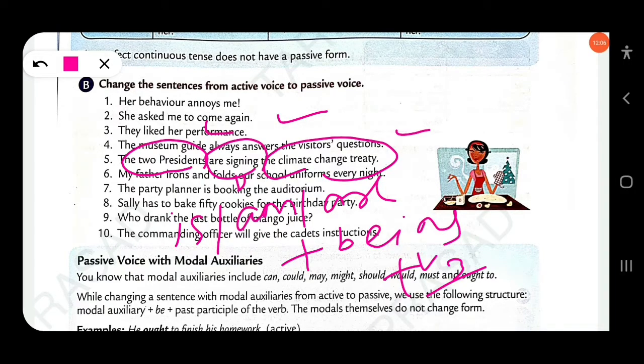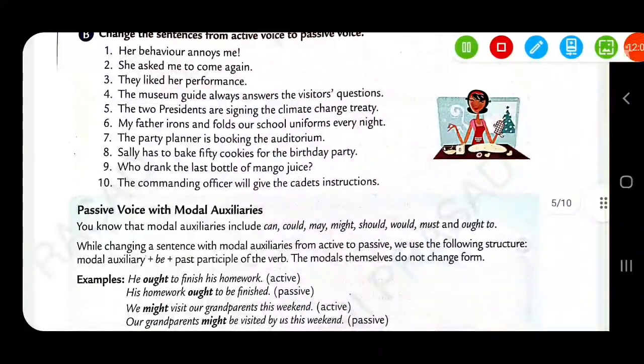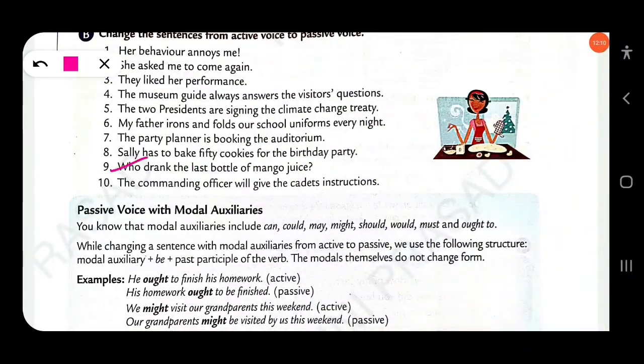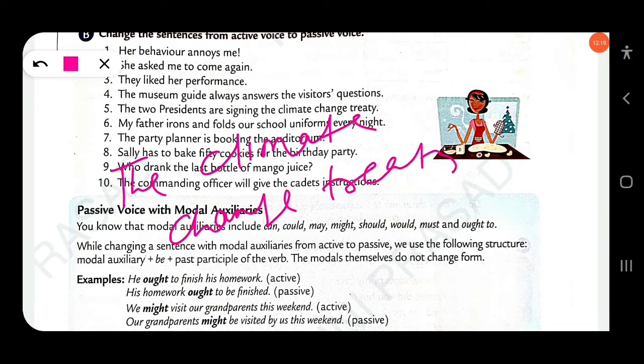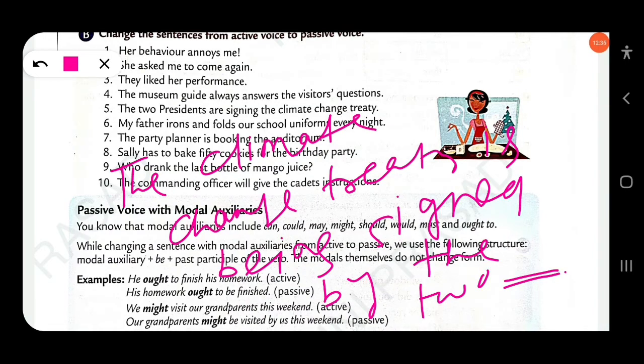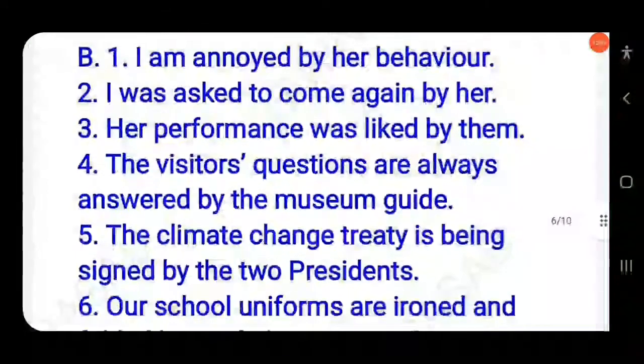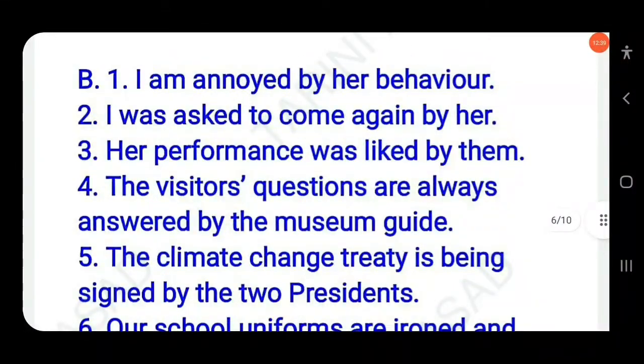So here the object is the climate change treaty. You have to write: the climate change treaty is being signed by the two presidents. Clear? So here the answer: the climate change treaty is being signed by the two presidents. Clear?